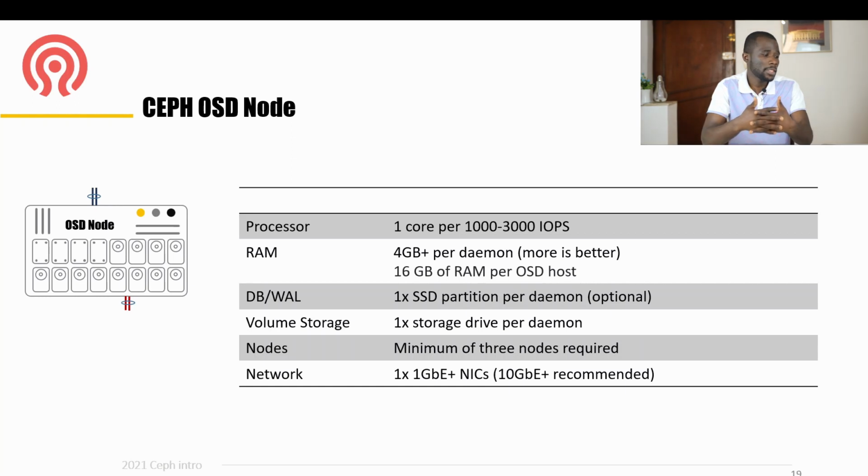For each Ceph OSD daemon, you should have at least 4 gigabytes of RAM. Okay, it is important to follow the advice.